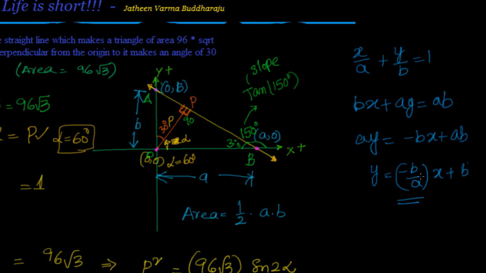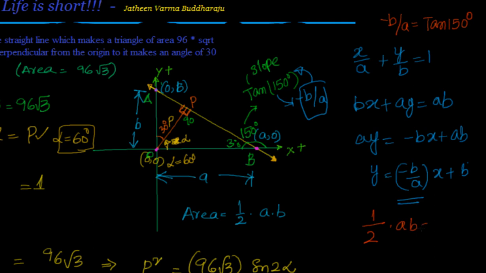So the slope is minus b by a, which is also equal to tan of 150. That is your first equation. And second, you already have half into a into b equal to 96 root 3.